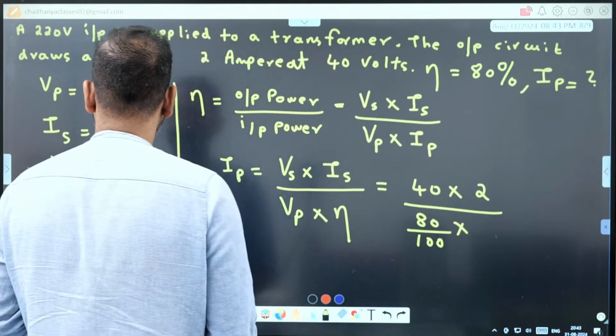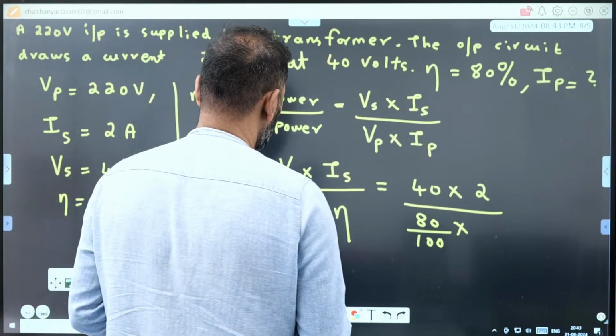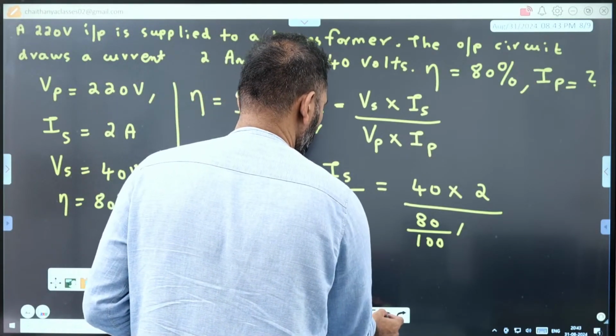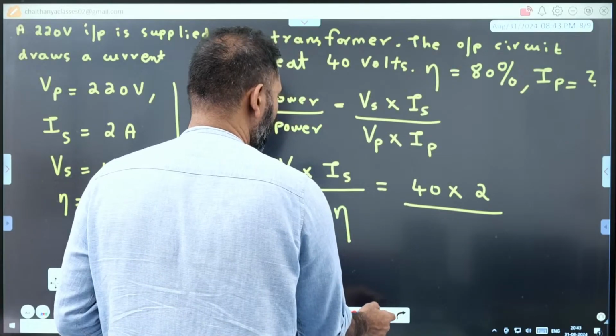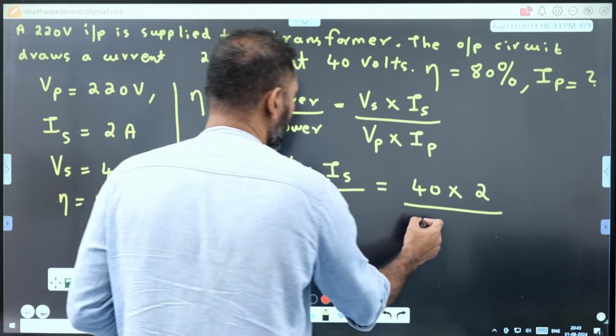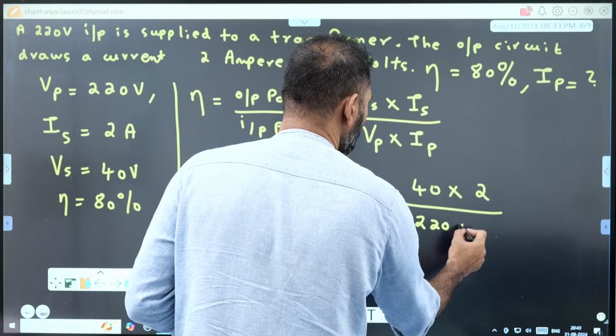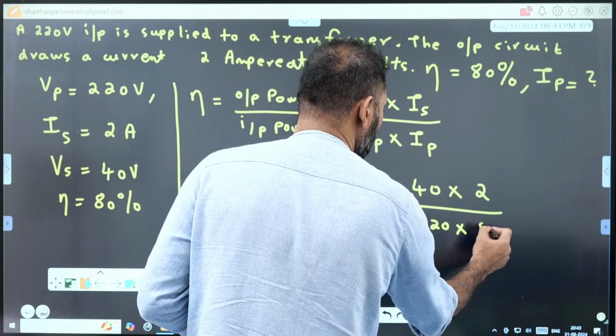Into the primary voltage, which is 220, and efficiency is 80%, that is 80 by 100.